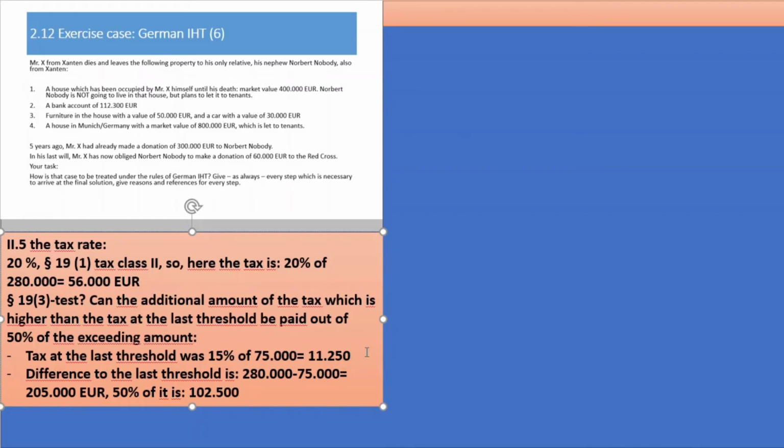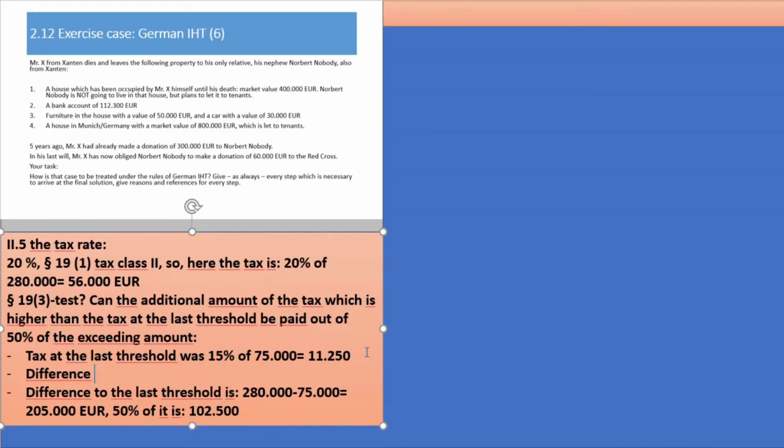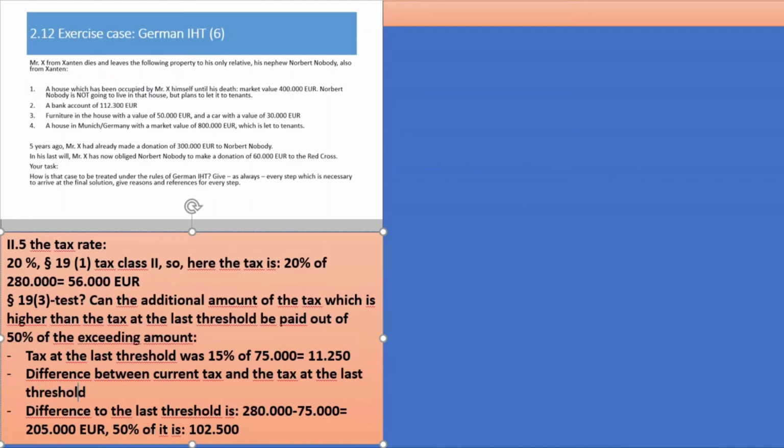So naturally, the difference between the current tax and the tax at the last threshold was 56,000 minus 11,250. Sorry. So that would have been 44,750.